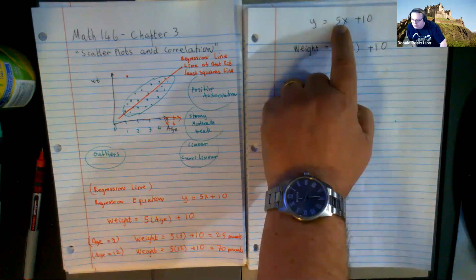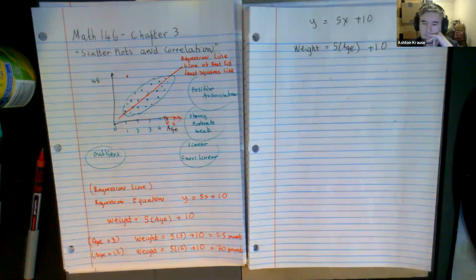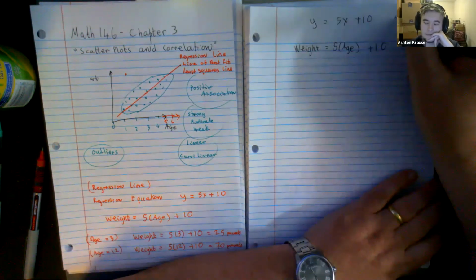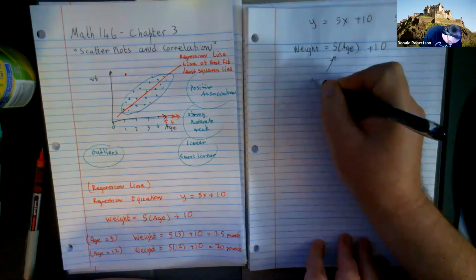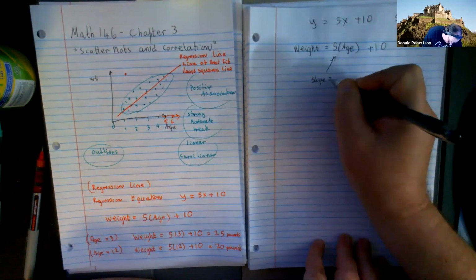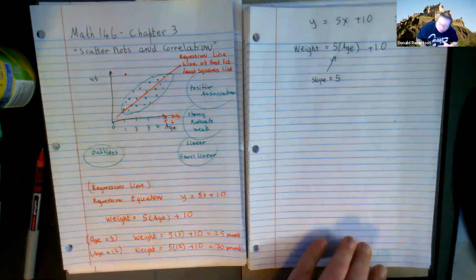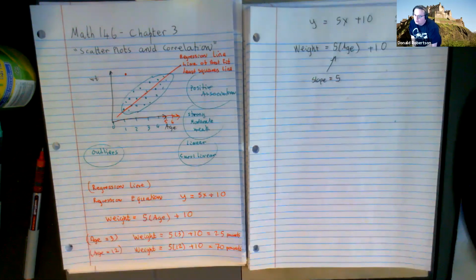It's given a very special name. The slope. It's called the slope. And it's called the slope here as well. And we are very often asked to interpret, what does that slope mean, right? Does it have any meaning? Because sometimes it doesn't. And it has the following meaning.